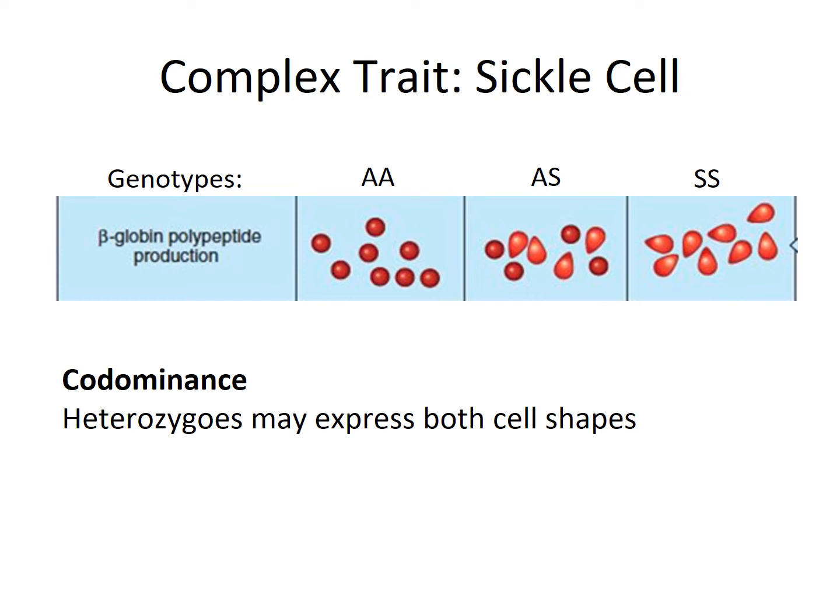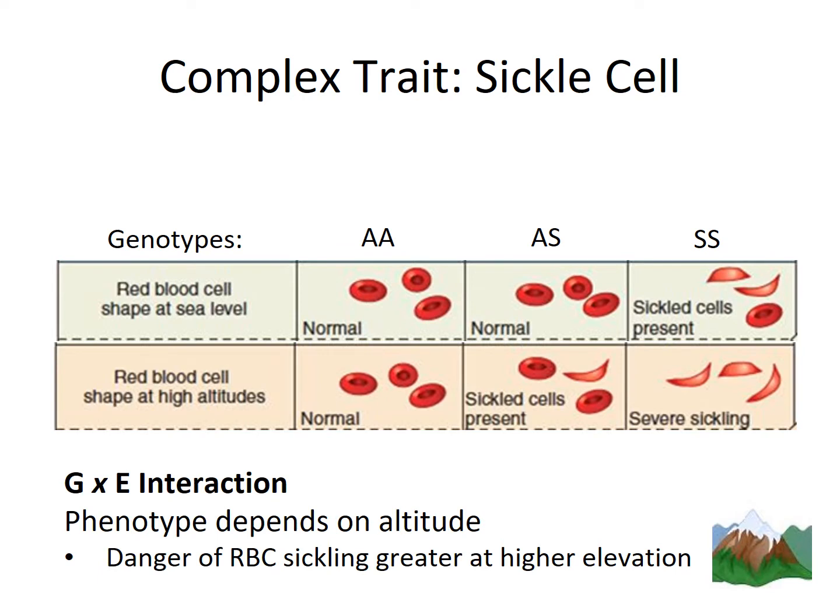Because heterozygotes express fully their ancestral allele and make normal round red blood cells, and simultaneously they express fully their sickled version of the allele, they make sickled versions of the red blood cell. These are said to be codominant, so heterozygotes express both cell shapes.